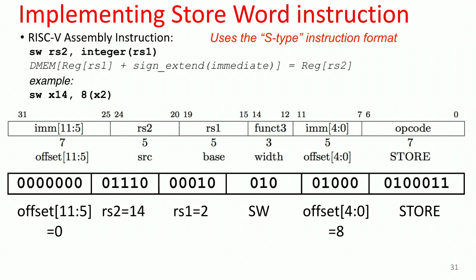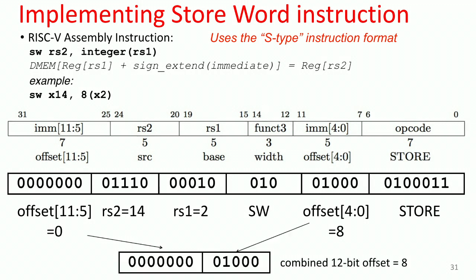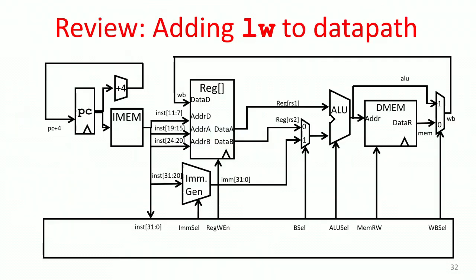Like I said, we combine those two fields to form the actual 12-bit immediate, and then it gets sign extended. Okay, so this is where we were before with the load word instruction. And now we have to modify it to accommodate the store word. So what this means is we're going to take something from the register.